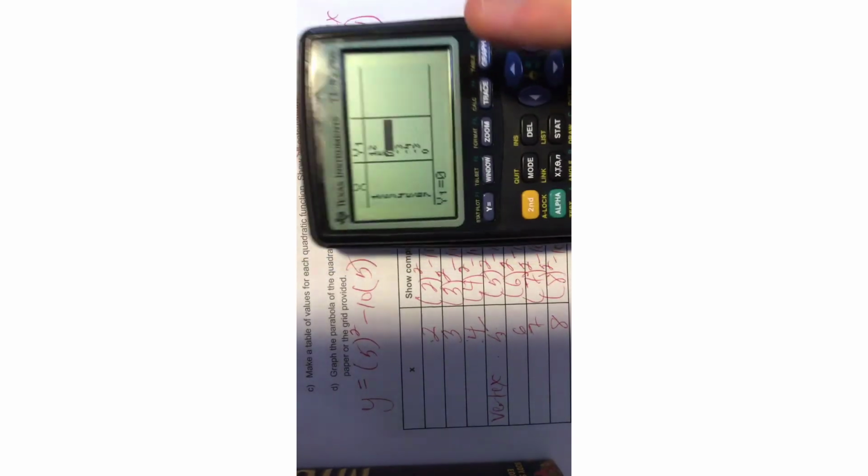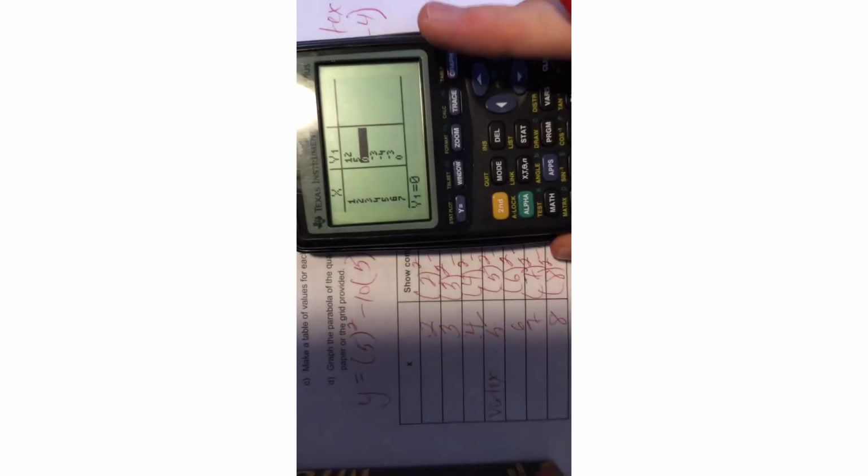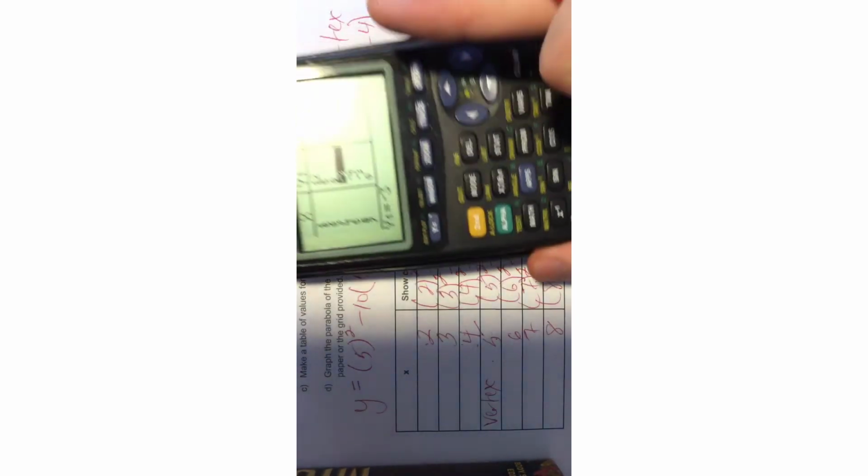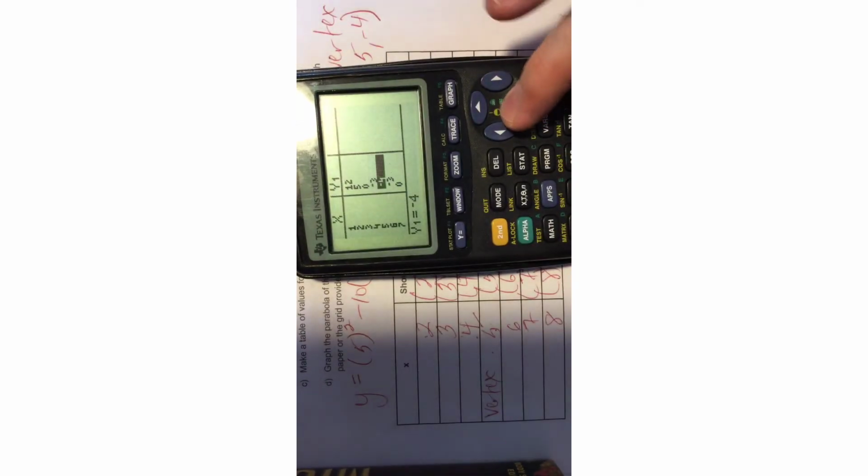So 4 minus 20 is negative 16. And negative 16 plus 21 is 5. Then when we have an x of 3, our y value is 0. When x is 4, our y value is negative 3. When x is 5, we already know that our y value is negative 4, since that's our vertex.